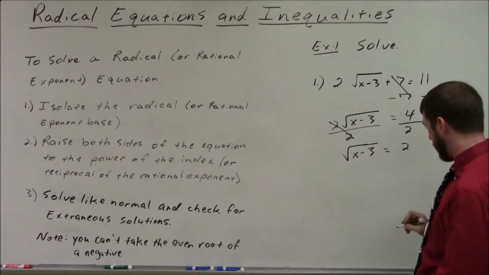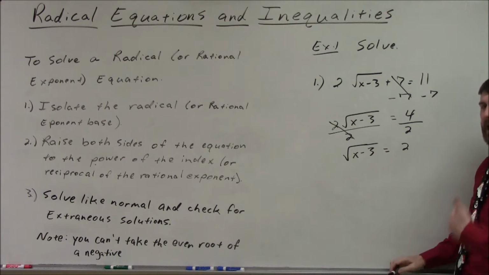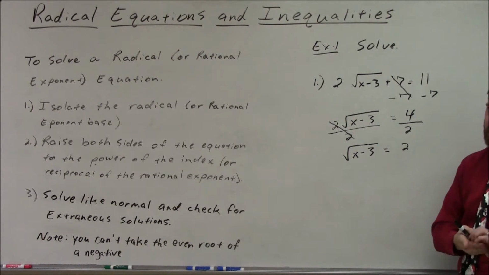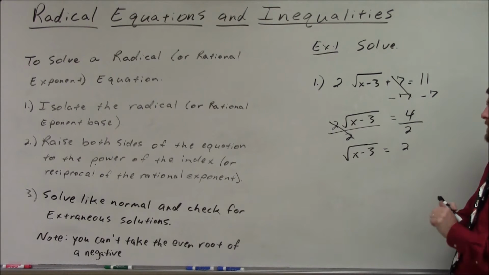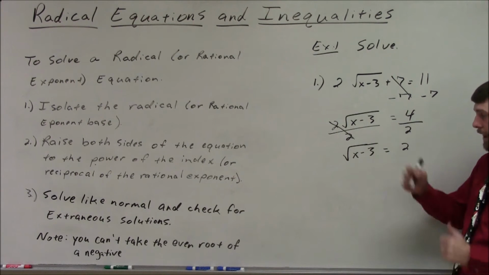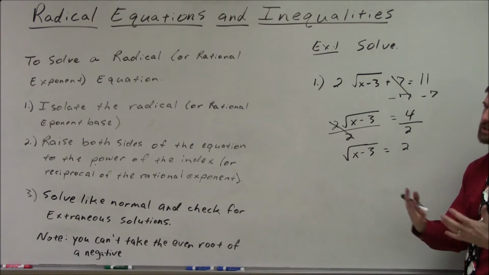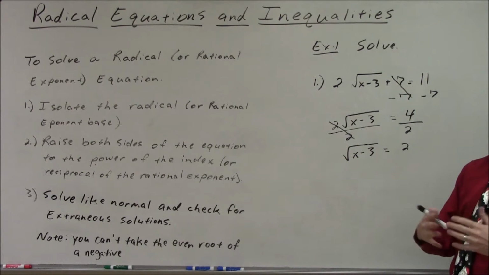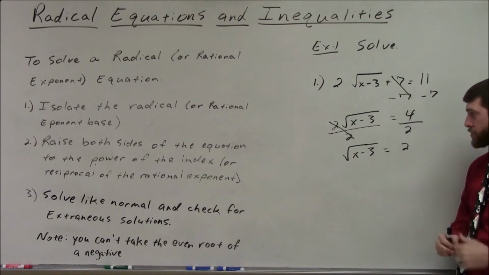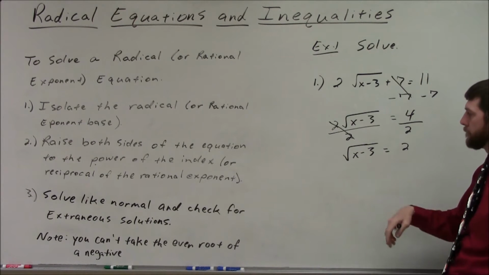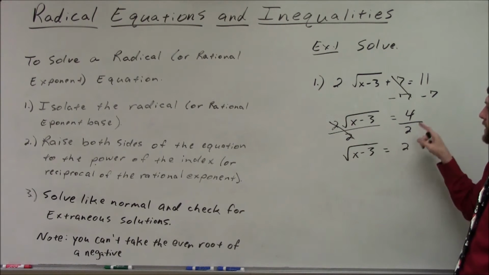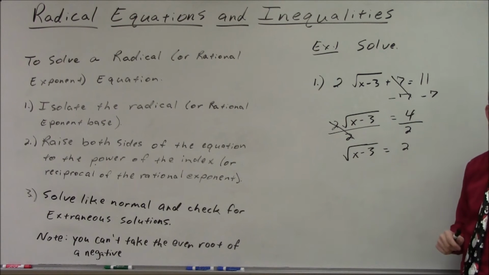Now, I'll tell you right now, that divide by the coefficient step is actually optional at this point. In this case, since we're dealing with a radical, because it's all exponents of multiplication, you can be flexible in what order you do some of those steps in. I will divide by that as long as it gives me a neat, clean number.